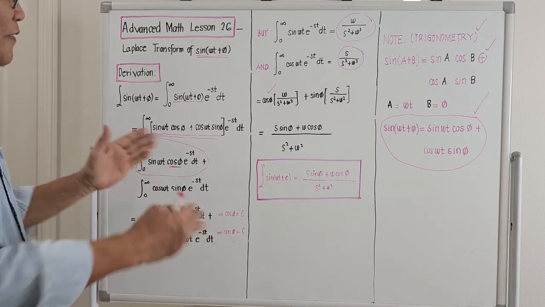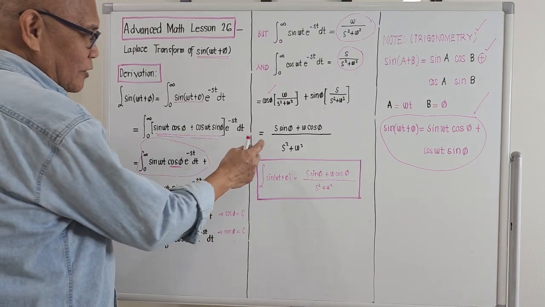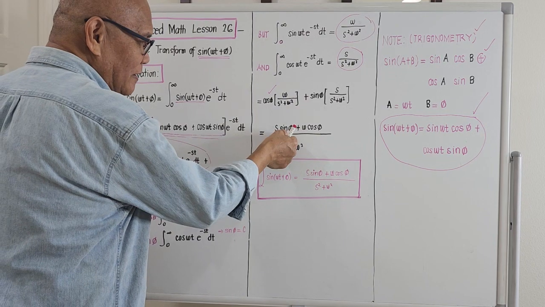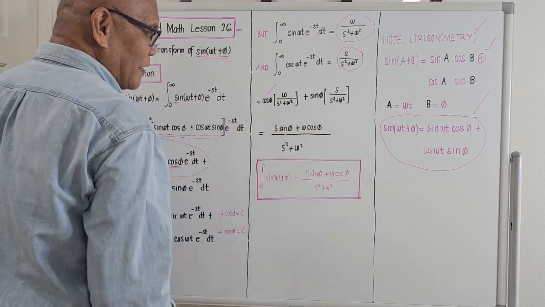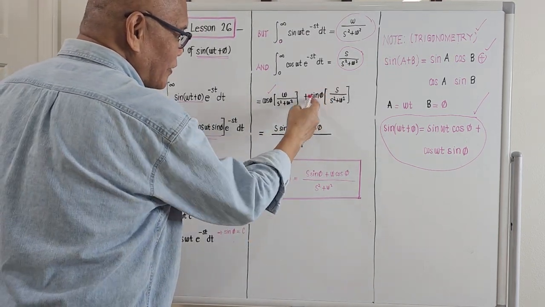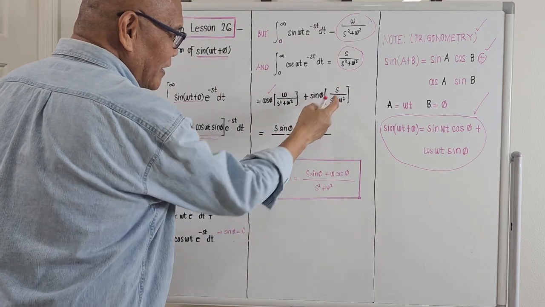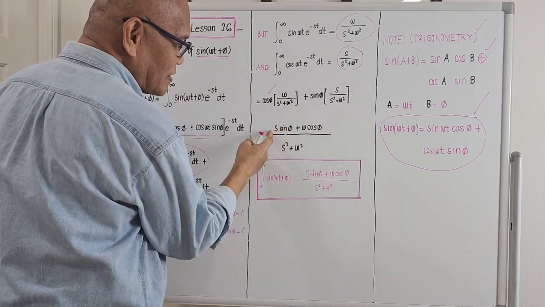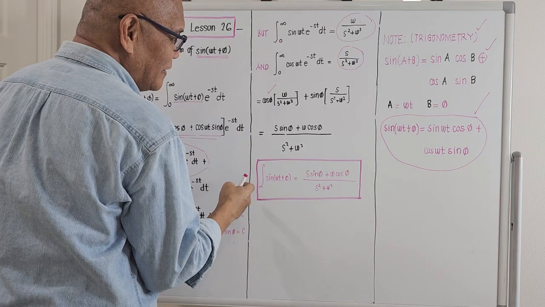Okay, so simplifying, this should be equal to s sine of angle P plus omega cosine of angle P. I just write this one first, okay? Okay, s sine of angle P is s sine of angle P, okay?